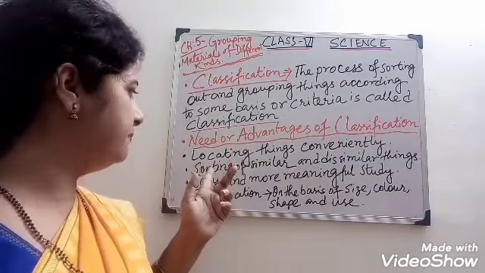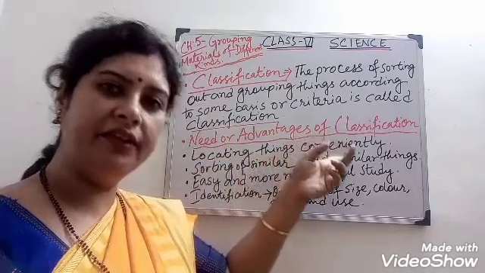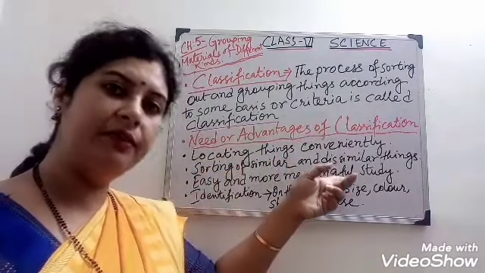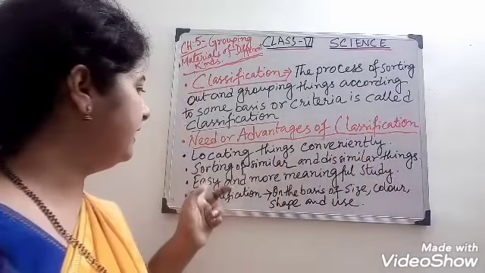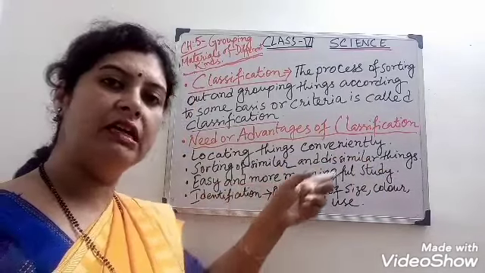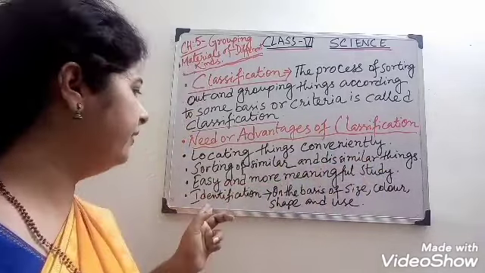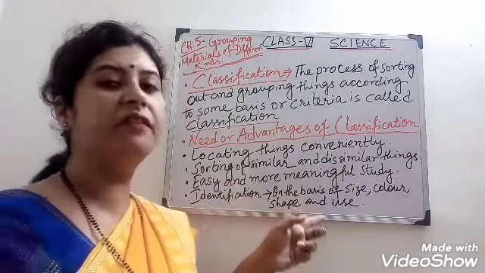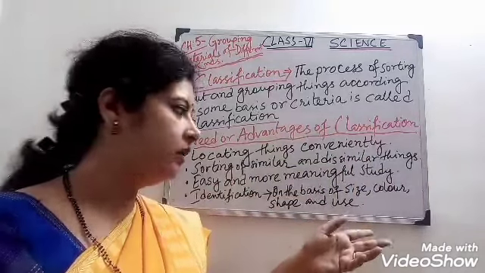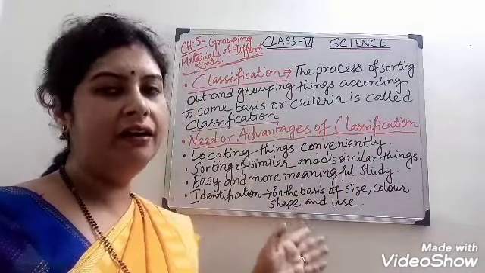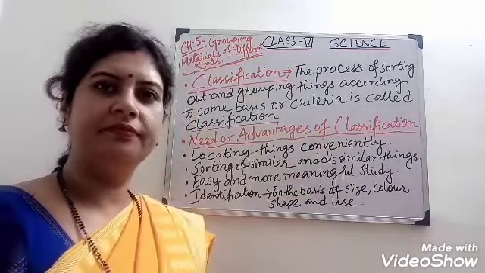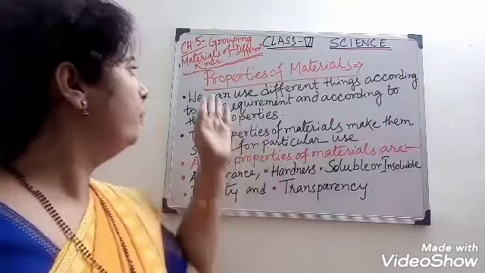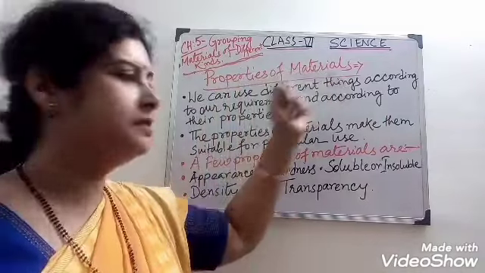Classification helps in locating things conveniently, sorting similar and dissimilar things, easy and more meaningful study, and also identification. It means on the basis of their size, color or shape, and uses. Clear children? Now our next topic, properties of materials.